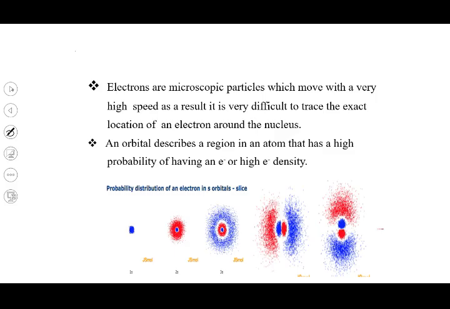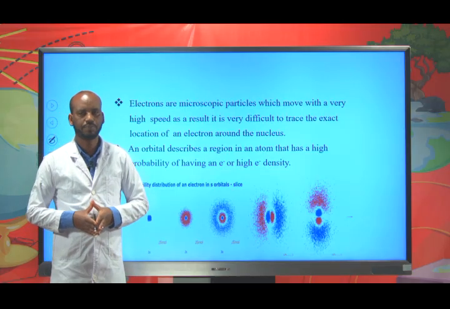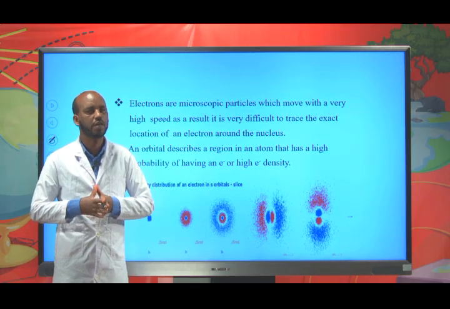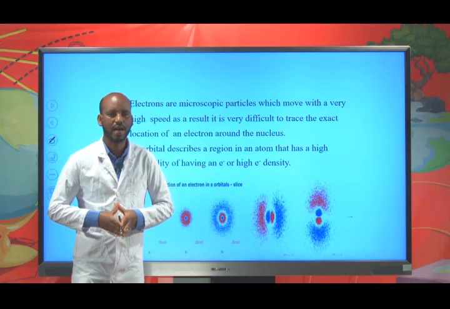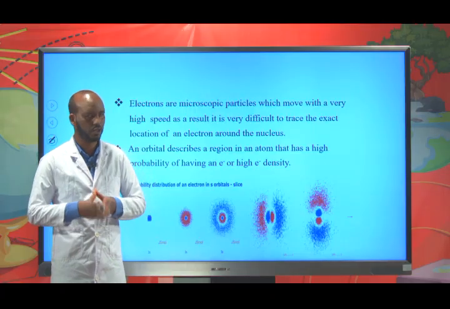Electrons are microscopic particles which move with a very high speed. As a result, it is very difficult to trace the exact location of an electron around the nucleus. Note that it is very difficult to pinpoint, to indicate the exact position of an electron.